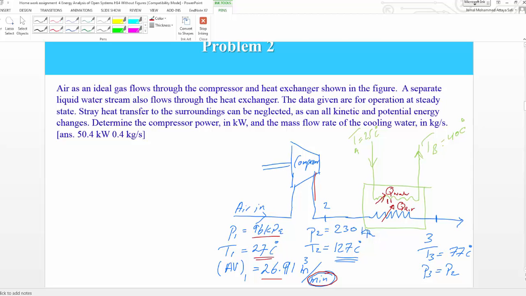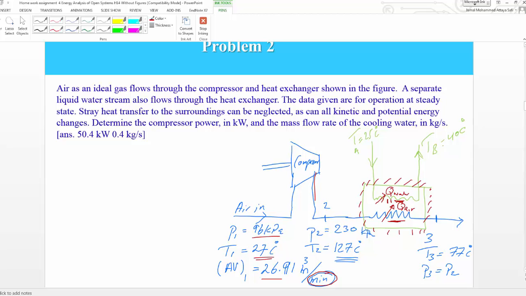That is because we are assuming that this is isolated and I don't have any losses. So what the air is losing is actually given to the water, and that's the whole process, because we want to cool down the air, so we want to remove some of the heat there.